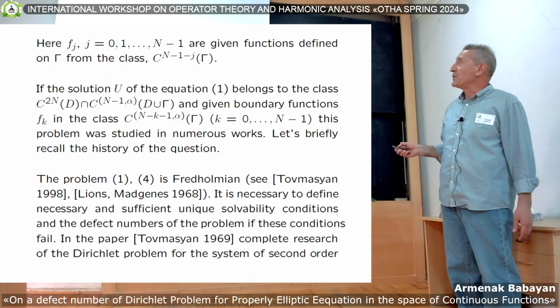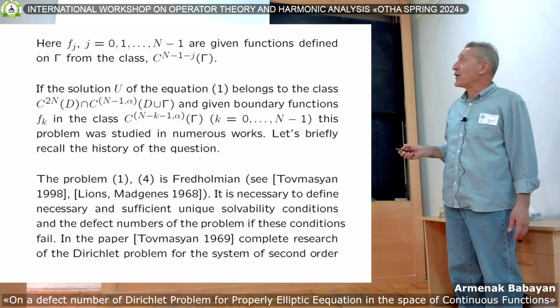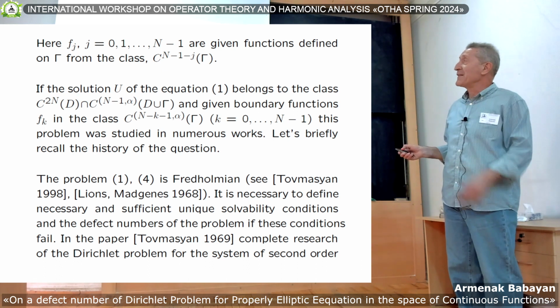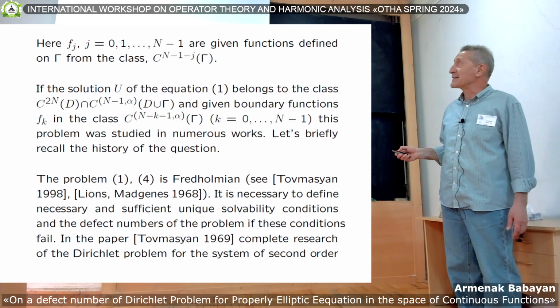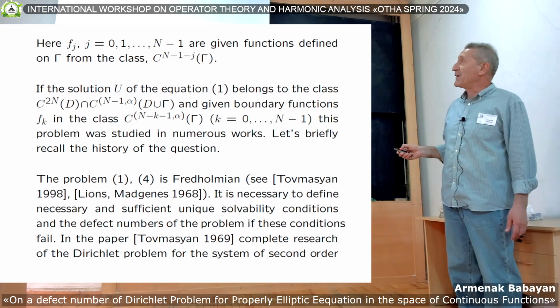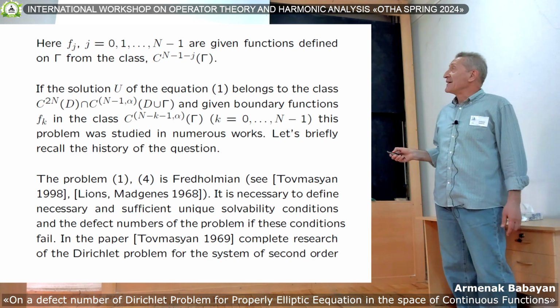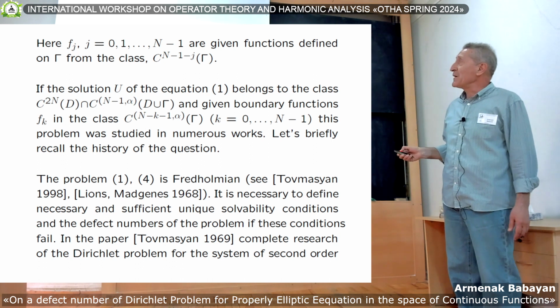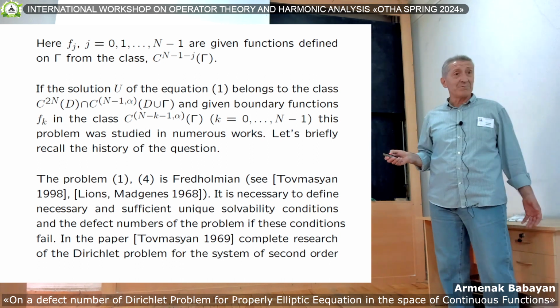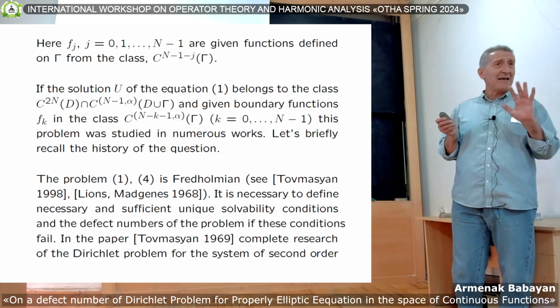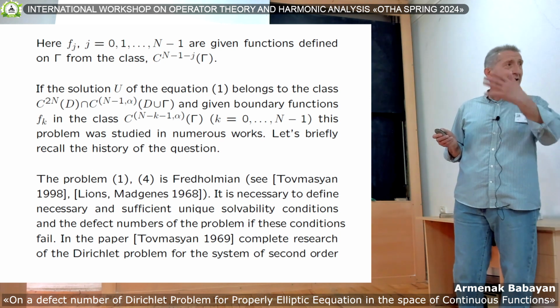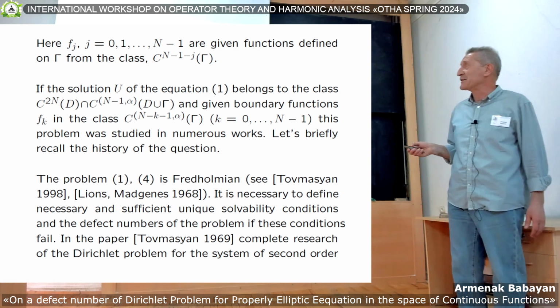If the solution u belongs to the Hölder class, so the n-1 derivative belongs to the Hölder class, and the given boundary functions are in the Hölder class n-k, alpha, this problem is studied in many works.